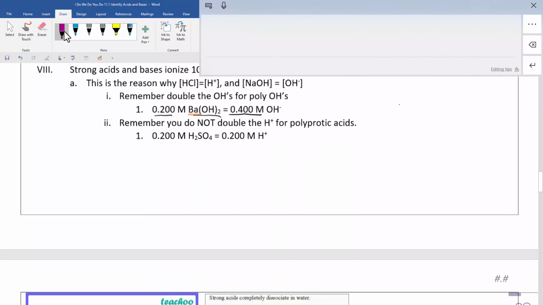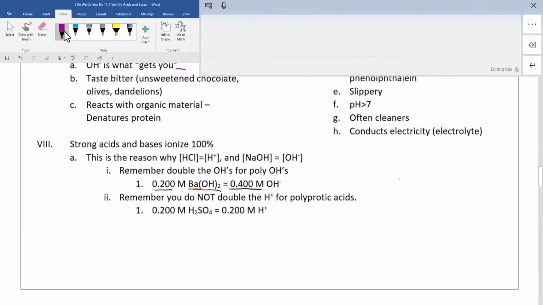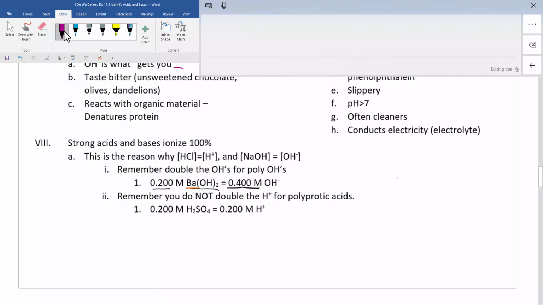All right. I think it's the last part. No, almost. Strong acids and bases ionize 100%. So what that means is HCl equals H positive. NaOH equals OH negative. Remember, brackets means molarity. That's the concentration of it, okay?